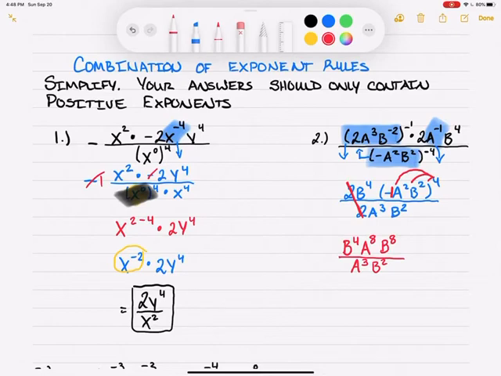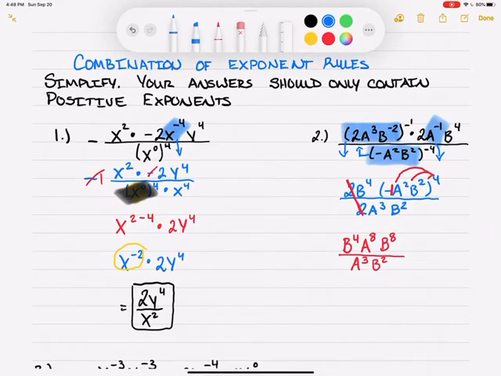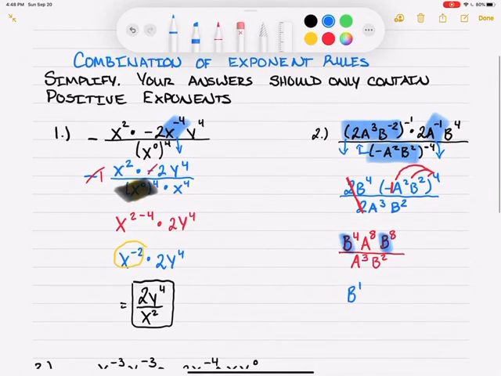When I multiply like bases, I'm going to need to add my exponents. My like bases are b to the fourth and b to the 8th. This is going to become b to the 12th power and a to the 8th power.